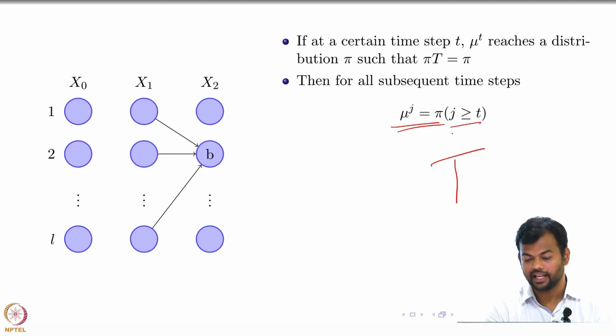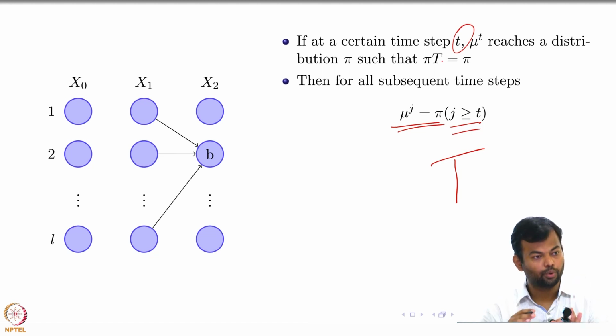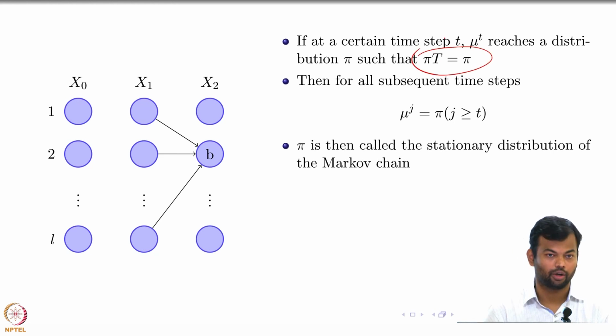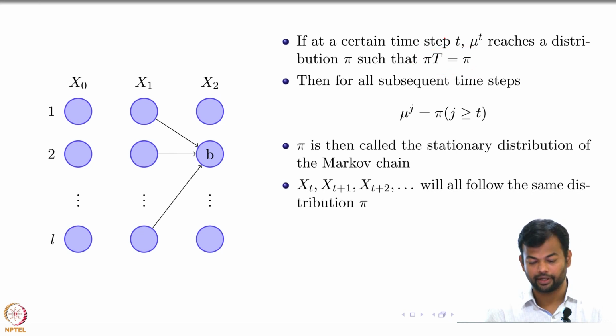So for all j greater than or equal to that time step, your mu is going to be the same, which is pi, and pi is then called the stationary distribution of the Markov chain. Okay, again some definitions. I'm not saying why this would happen or will this happen and so on. Under what conditions this can happen, all that we'll see later. But if this happens, then this is what it would mean, okay?